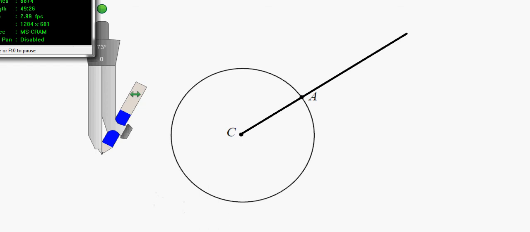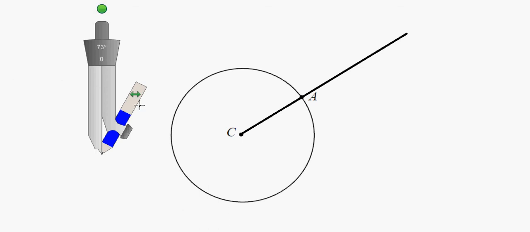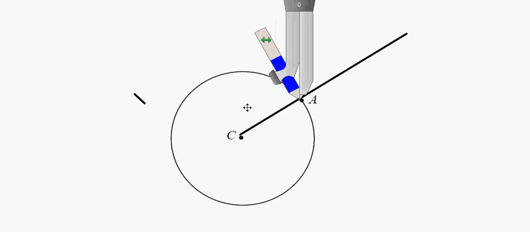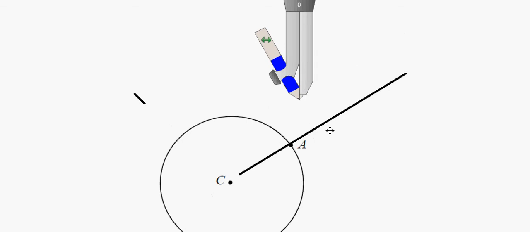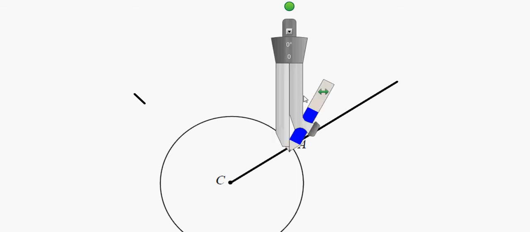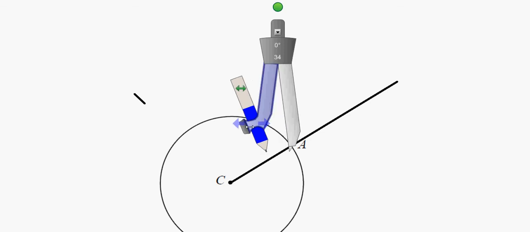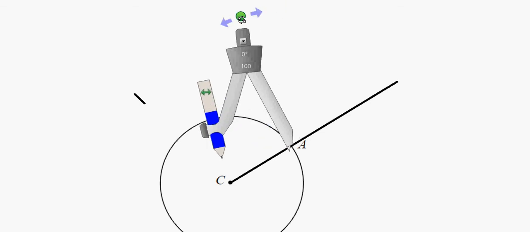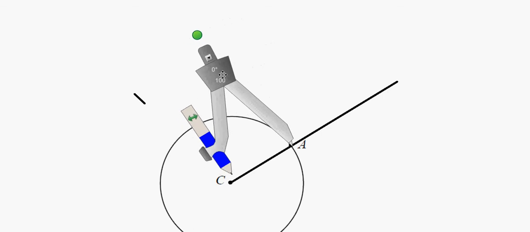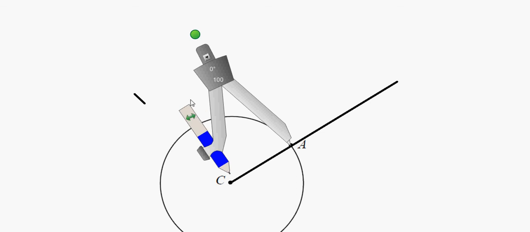So what we're going to do here is first measure the distance from A upwards. We're just going to have to make more space here. We're going to get A here, and measure the distance from A to C. So you position your compass on point A, and then get onto point C, like so.